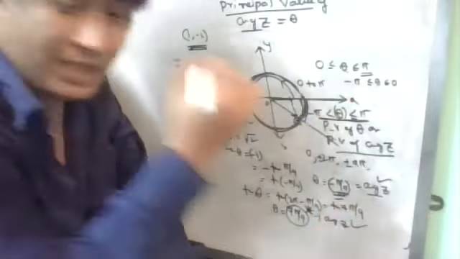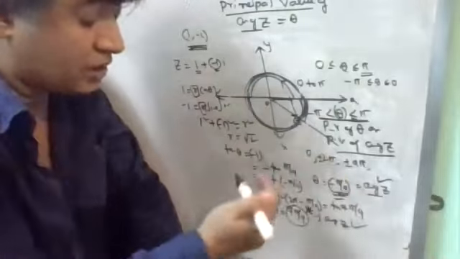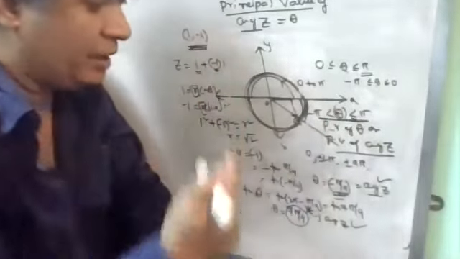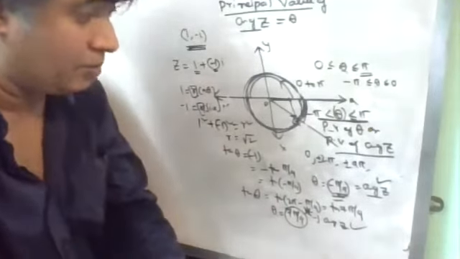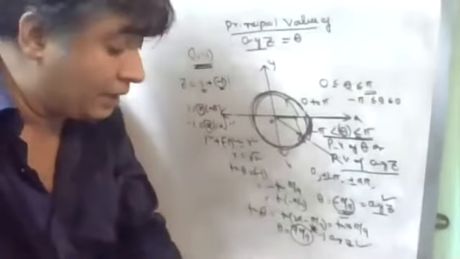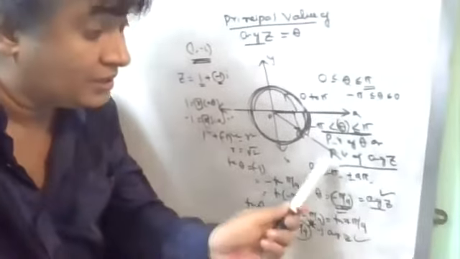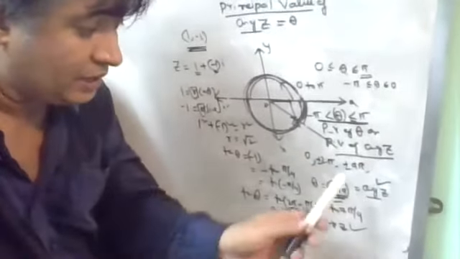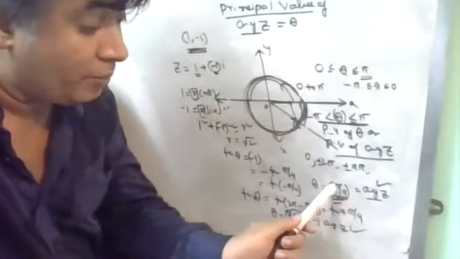So I will take minus pi by 4. Don't be confused. Those who do not consider the interval of the principal value of the argument of z will choose 7 pi by 4, and those who consider the valid interval will choose minus pi by 4.